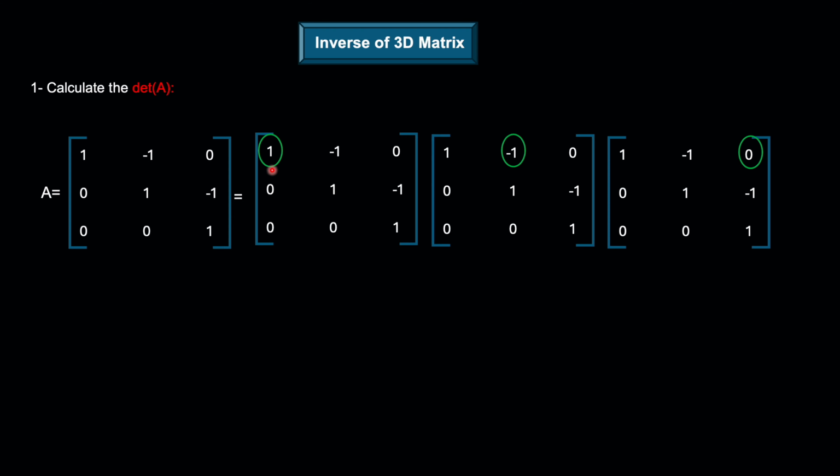Then we choose the first number in the first column and first row, second number in the second column, first row, third number, third column, first row. Then we ignore all numbers below 1 here, vertically and horizontally, and we do the same here and here.